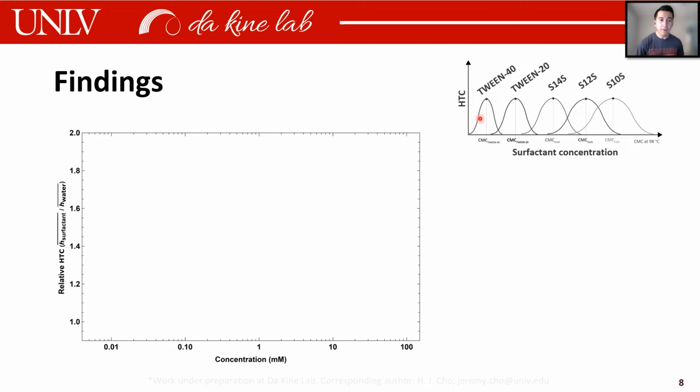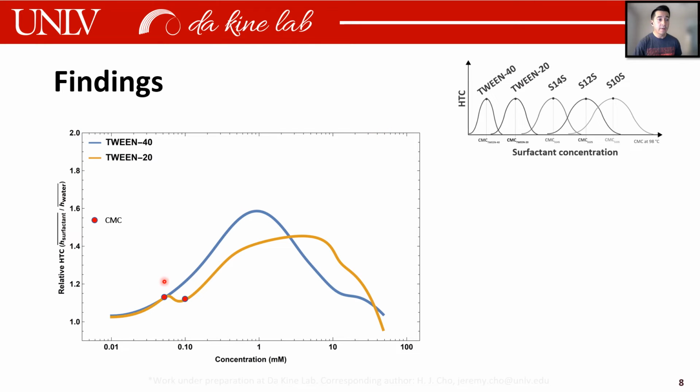Surprisingly, if you remember, the hypothesis that we should see the optimal HTC around the CMC of the surfactants for every surfactant. For the surfactants with this low CMC, the optimal HTC occurs in a range from 1 to 10 millimolar. For this other surfactant, the optimal HTC occurred near its CMC value.